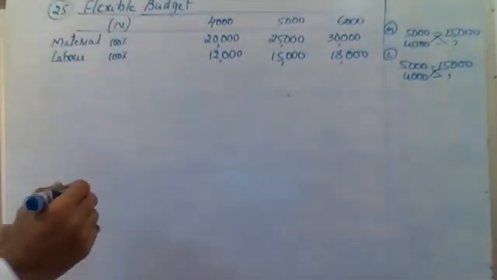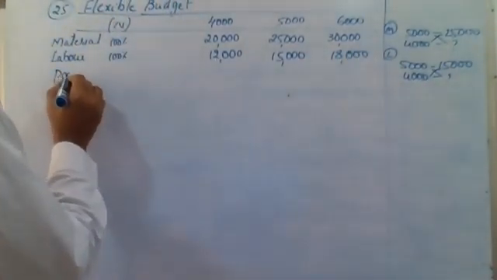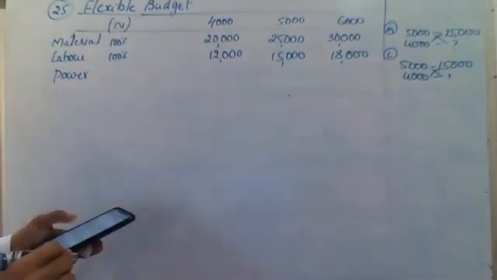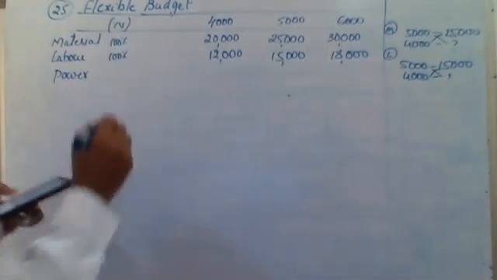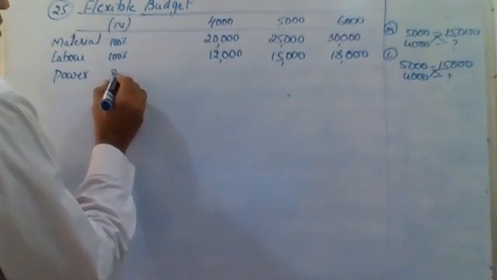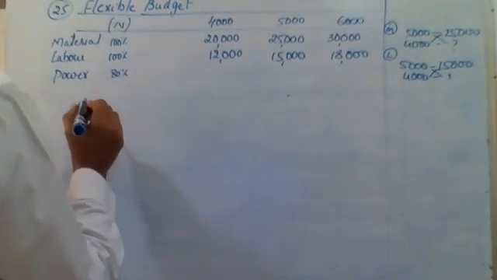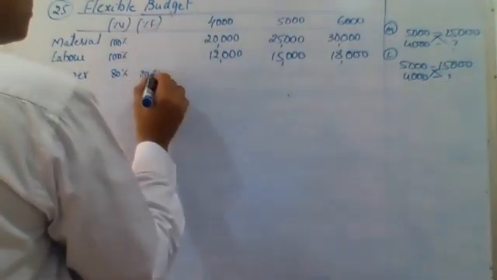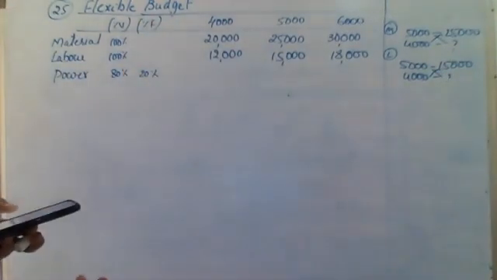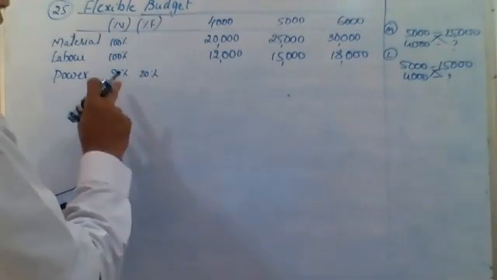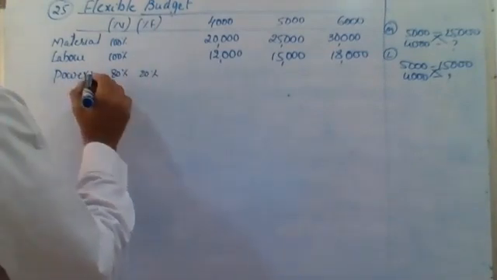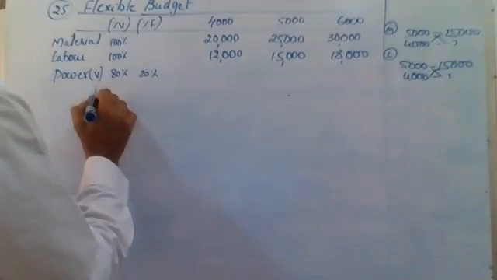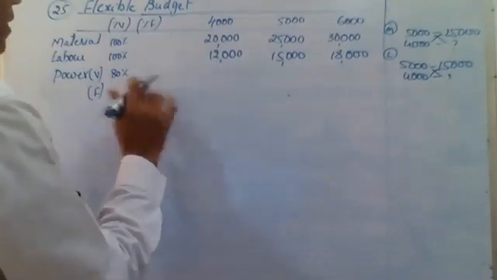Next we have power cost. So I'm going with the modified percentage there. 80% varying. So what is the percentage which is fixed here? 20%, correct? As simple as it is. So I will take the variable component here, fixed component in the next line.